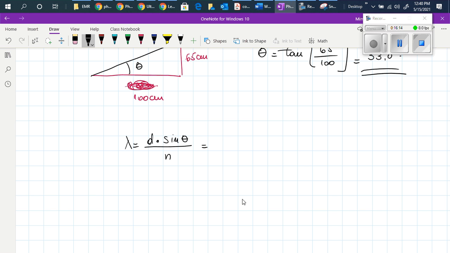We are dealing with bright spot fringes. So this will be 1.0 times 10 to the power of negative 6 times sine of 33.0 degrees over 1. And then the wavelength is 5.4 times 10 to the power of negative 7 meters.